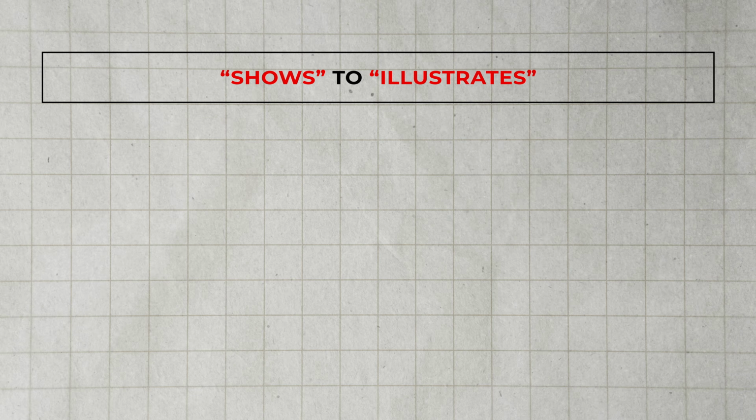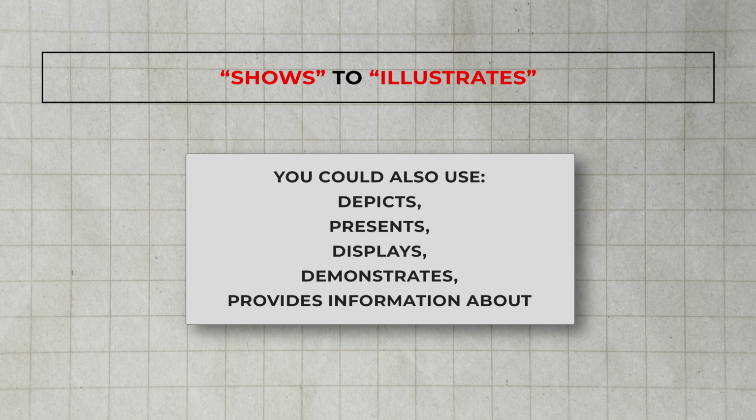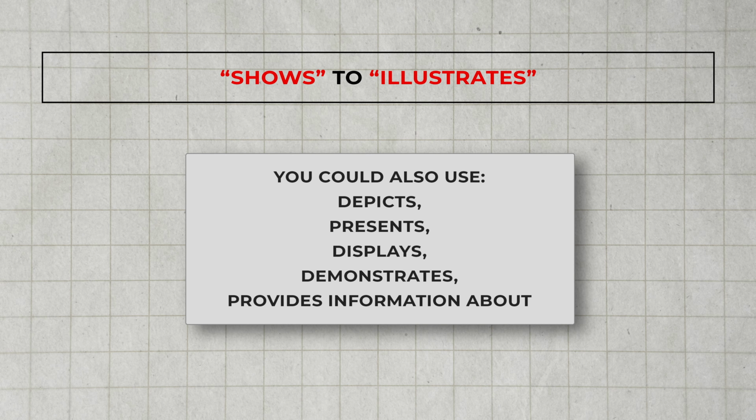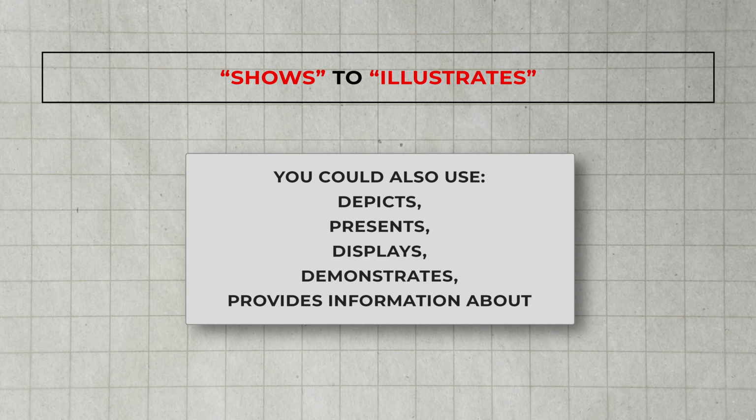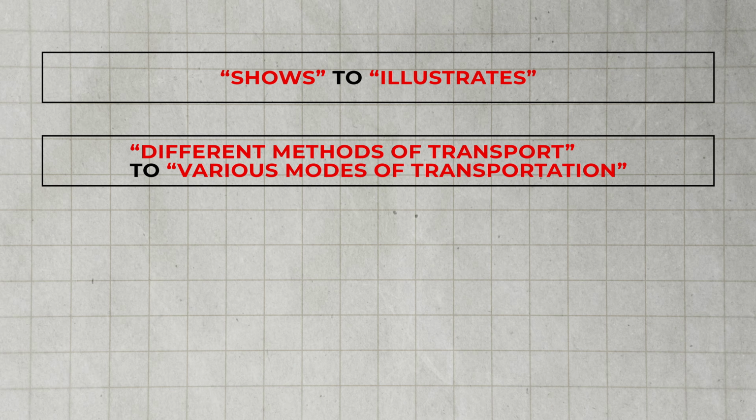So all I did was replace a bunch of words with their synonyms. I changed shows to illustrates. You could also use depicts, presents, displays, demonstrates, provides information about. Then I changed different methods of transport to various modes of transportation.